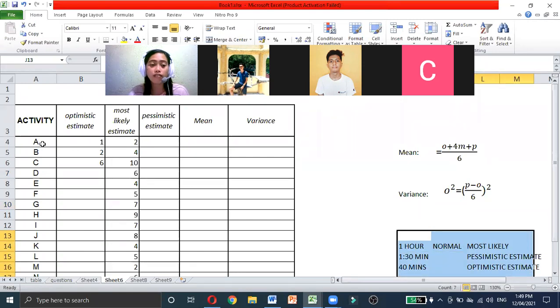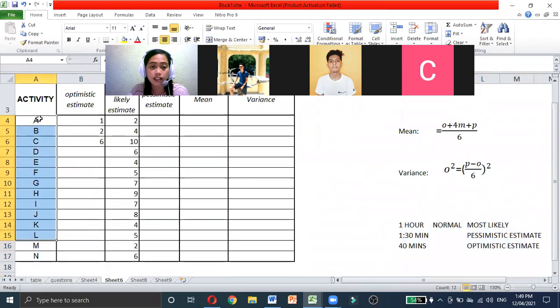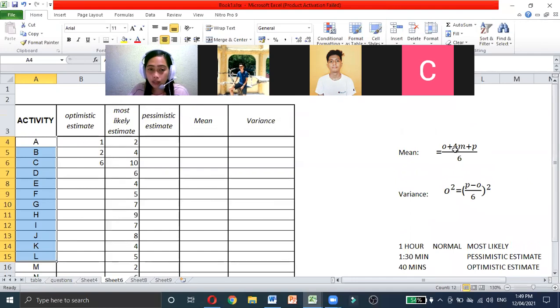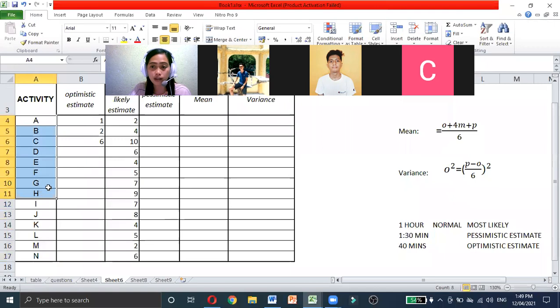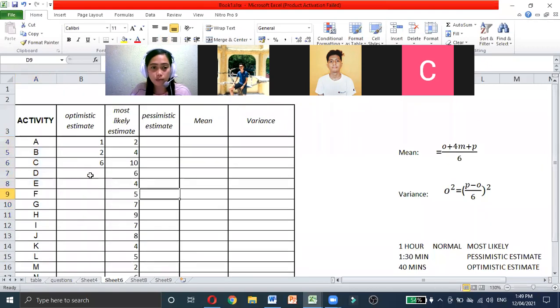Since we are given different activities A to N with different activity descriptions, Mr. Perty asked the supervisors for the optimistic estimate, the time needed to finish the activities.